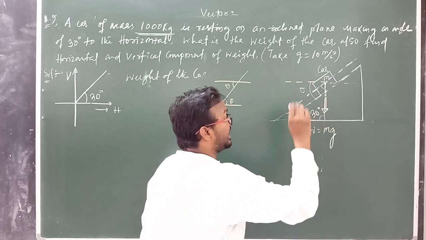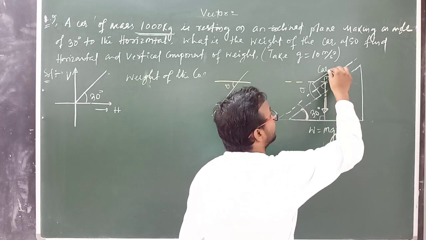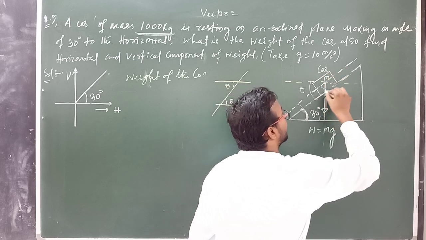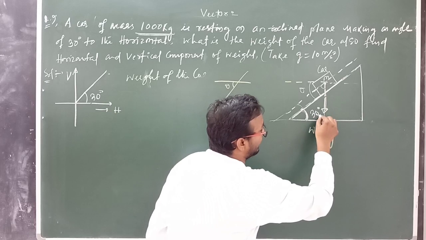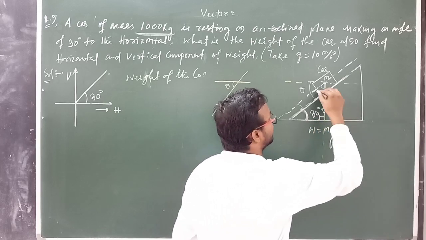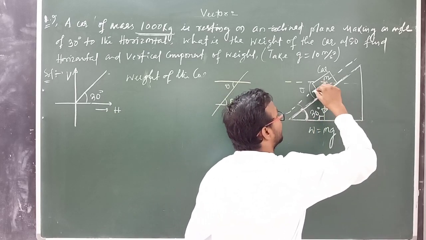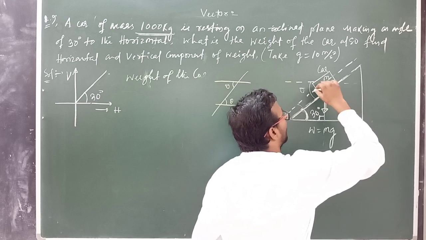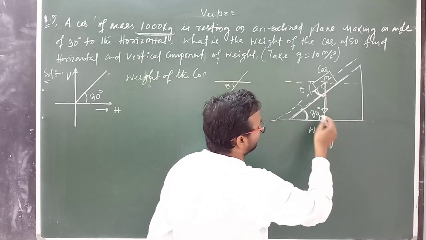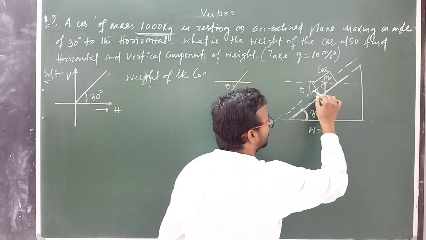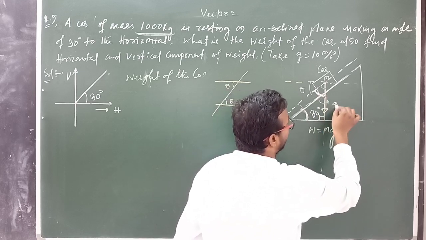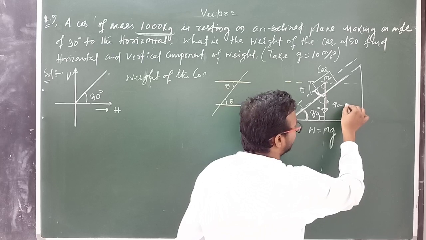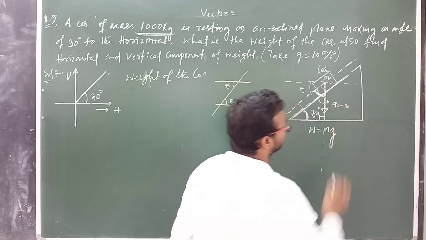But we have to find the rectangular components. First, this body is resting on this plane. Clear? If this angle is 30 and this angle is 90, how about this angle? The three angles total 180 degree, so this angle must be 90 minus theta, and theta is 30 degree.